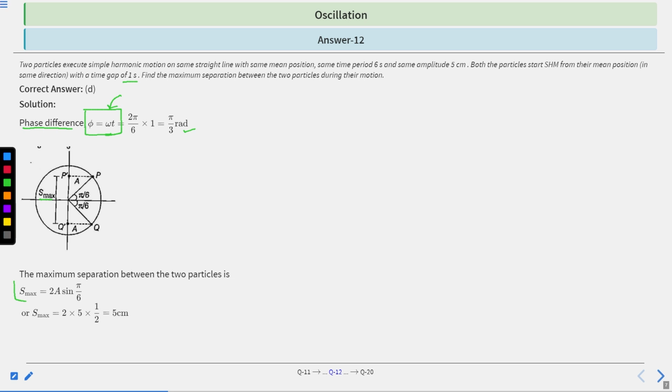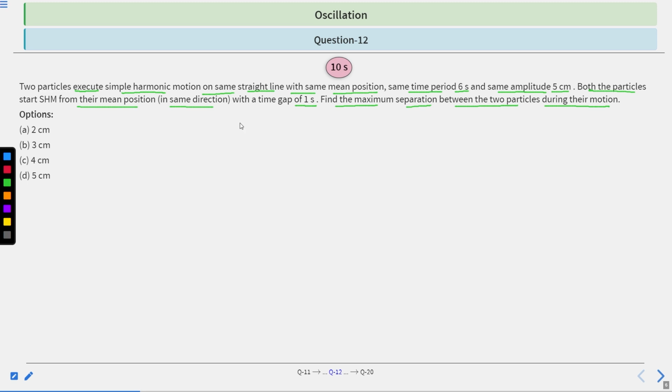Putting the given quantities in this expression, X max is equal to 2 into 5 multiplied by 1 by 2, which is equal to 5 centimeter. So the correct answer is D.